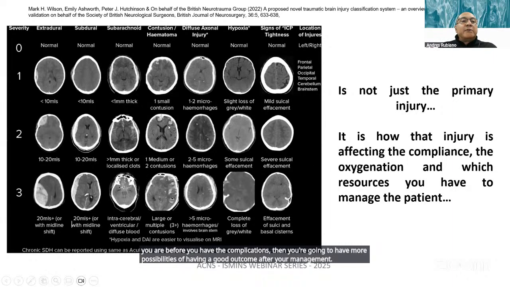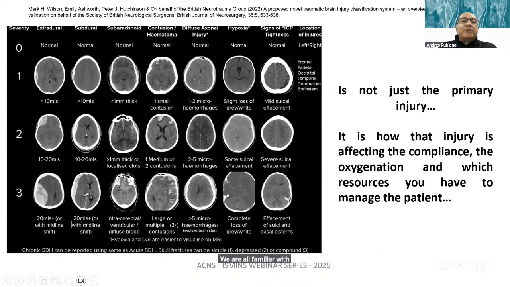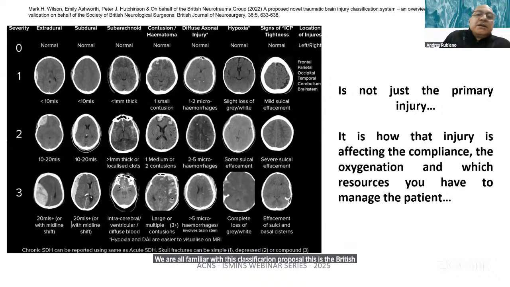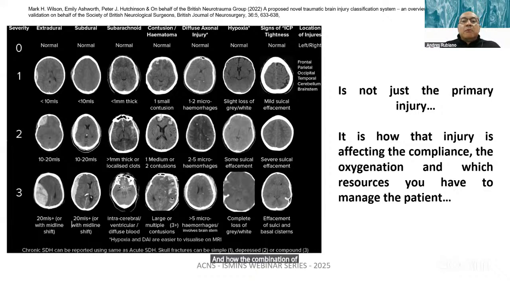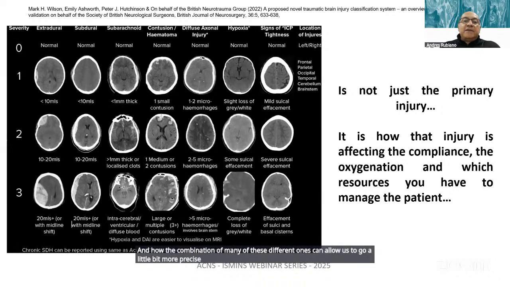We are all familiar with this classification proposal. This is the British Neurological Surgeons classification, for going into more detail about the different types or subtypes of primary injuries and how the combination of many of these different ones can allow us to be a little bit more precise and personalized in each one of the cases for the surgical management.